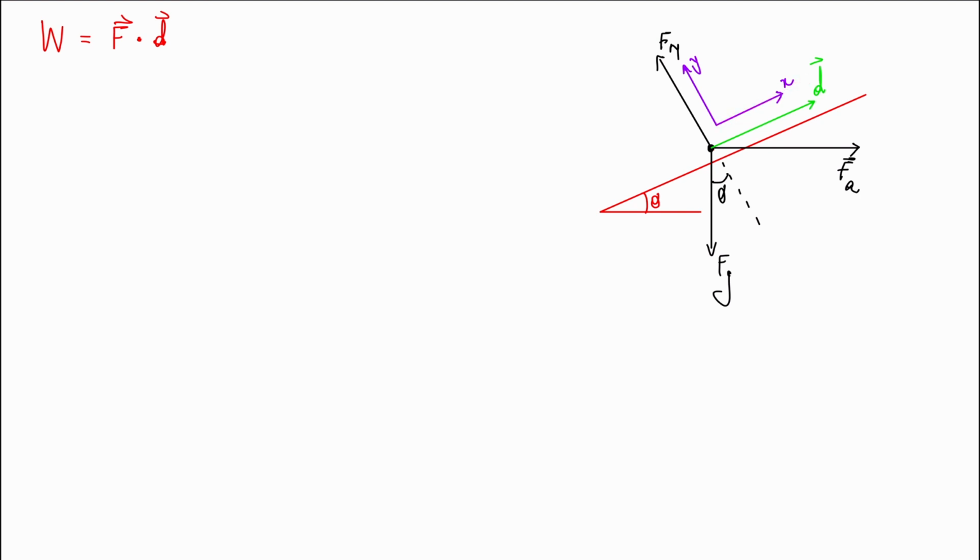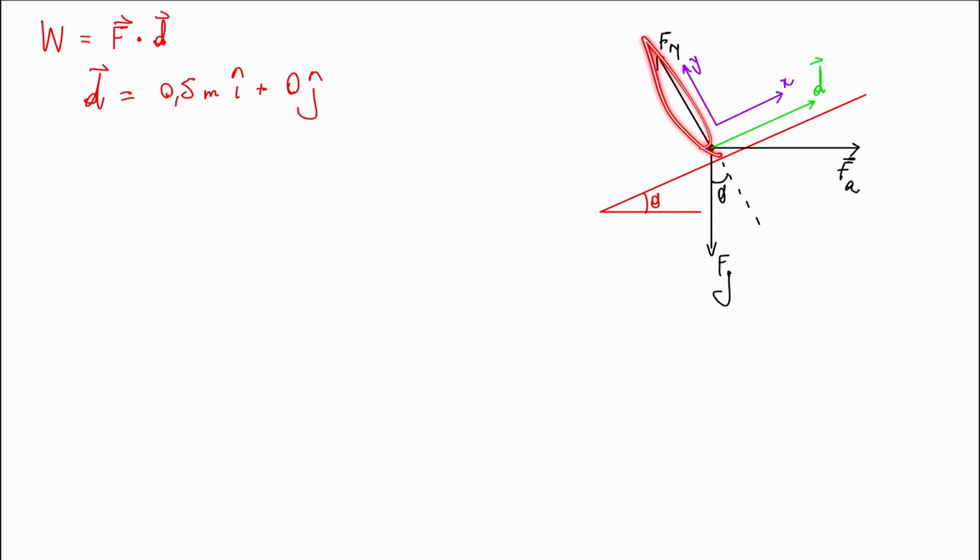So the displacement vector in unit vector notation will have 0.5 meters in the i hat direction plus 0 in the j hat direction. That is, the object will not be moving along this direction, it will only be moving up the incline. So this would be our displacement vector.